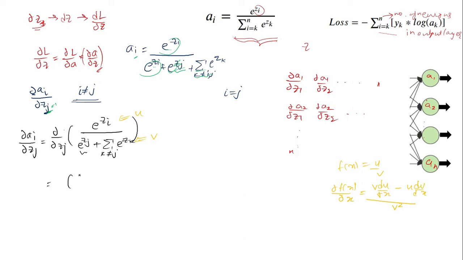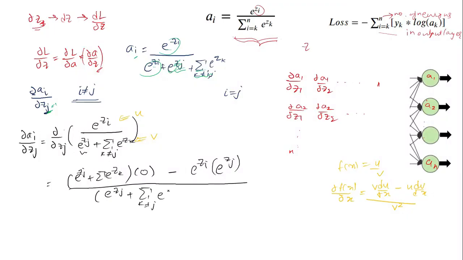So it is going to be this v term first, then the derivative of this, which will be 0, minus, and then the derivative of this denominator, which will be e power zj plus 0. So it will be just e power of zj, and here it will be squared as well. Now this denominator term can be written again in this form. So our final equation can be written as minus of e power zi.